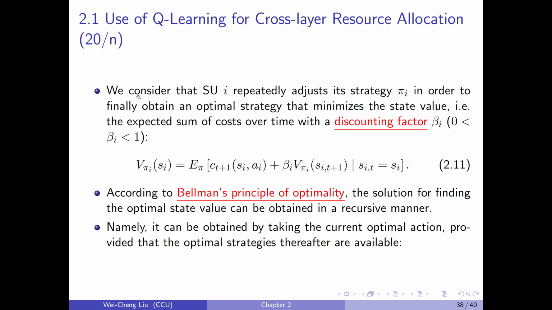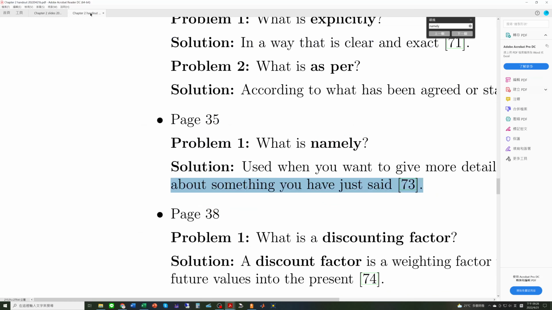Okay, we consider that secondary user i repeatedly adjusts its strategy pi_i in order to finally obtain an optimal strategy that minimizes the state value. That is, the expected sum of costs over time with a discounting factor. Okay, what is a discounting factor? Let us see the handout.